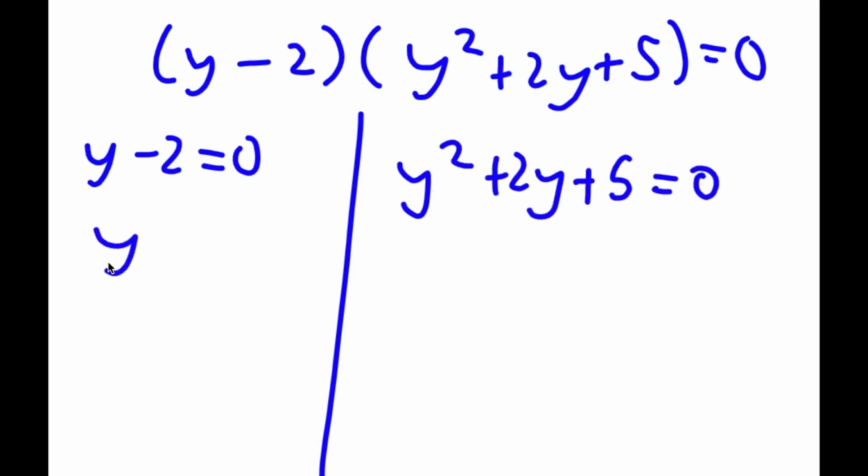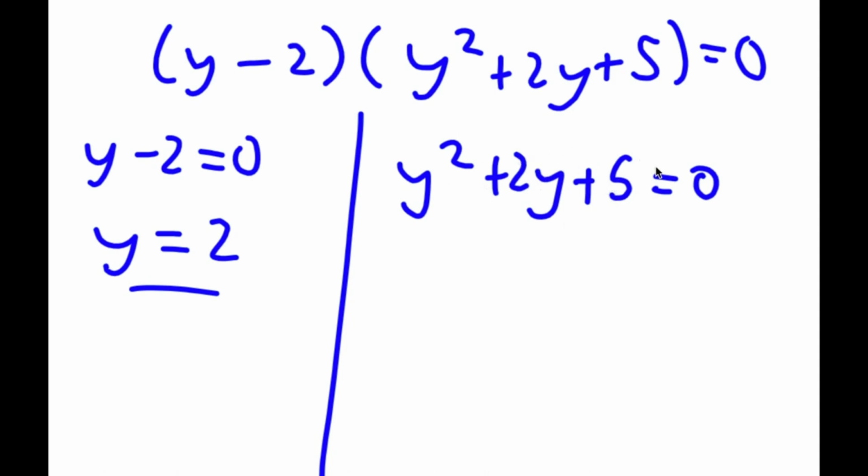So for y minus 2 equals 0, y is equal to 2, obviously. And for y squared plus 2y plus 5 equals 0, we are going to use the quadratic formula. And I'm actually not going to waste your guys' time by plugging everything in and solving it.